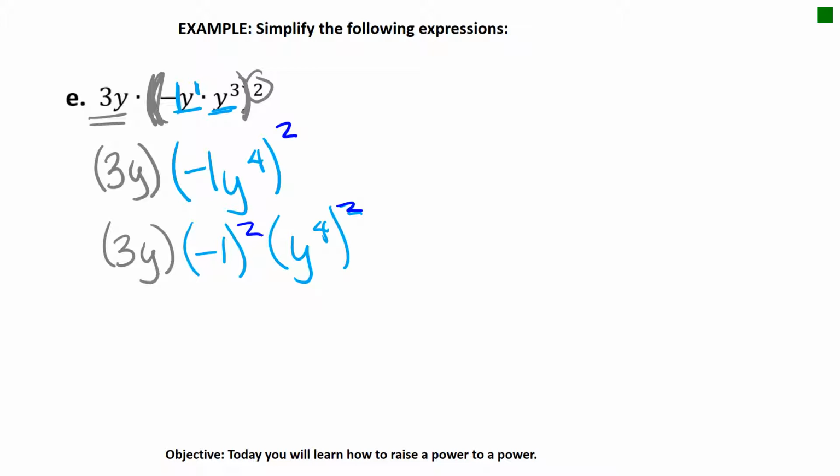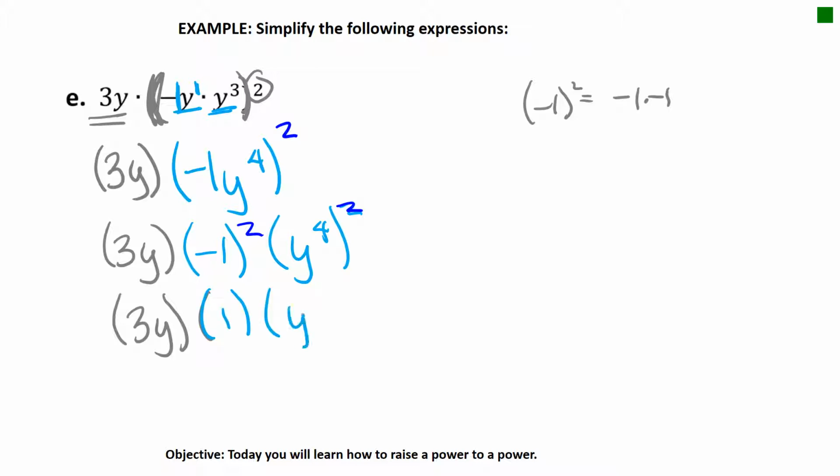So I have 3y. Negative 1 to the 2nd is negative 1 times negative 1, which is a positive 1. Y to the 4th has a base of y. Power to power is a creeper. Creepers multiply your fear. So that's going to be 8.